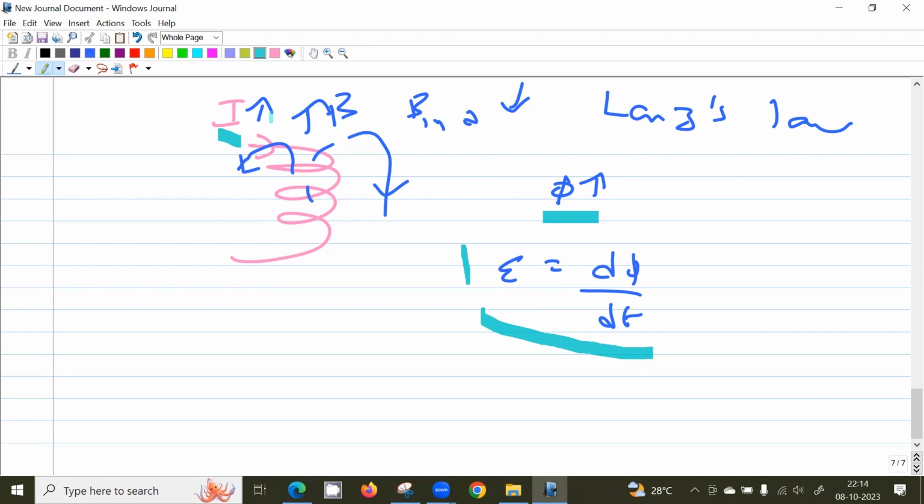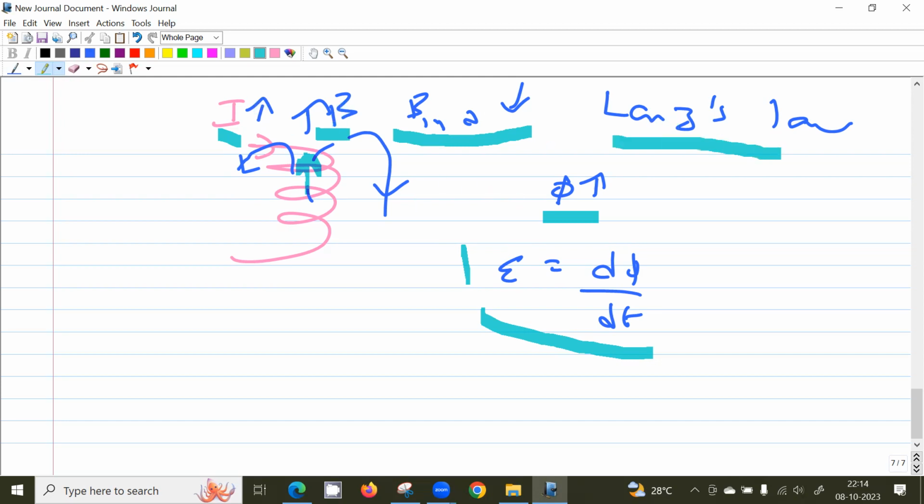It will drive a current which will oppose this effect. So suppose this I is increasing with time, then B is increasing with time. So the induced B direction will be downwards, because here B is upwards, right? So the induced B will oppose this external B, the one due to I, the source.